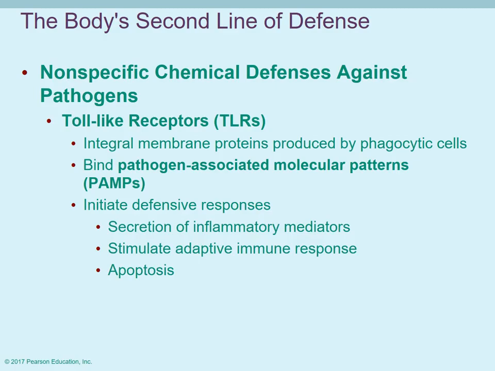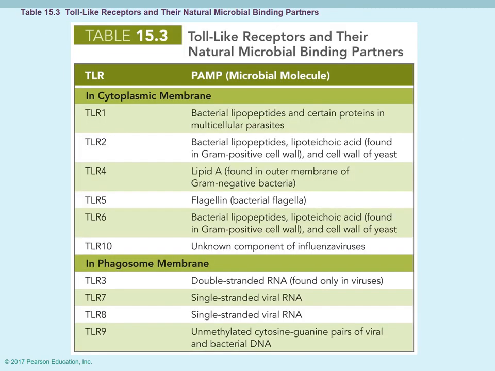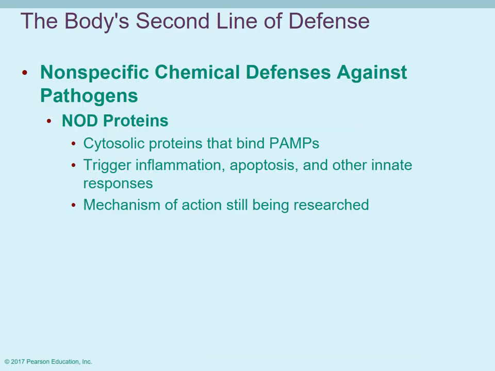Just be aware that they are there. We're not going to spend time on this. There are several different types of these TLRs that play a role in your body recognizing foreign substances as being foreign.